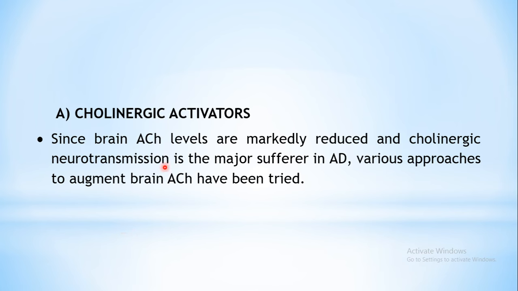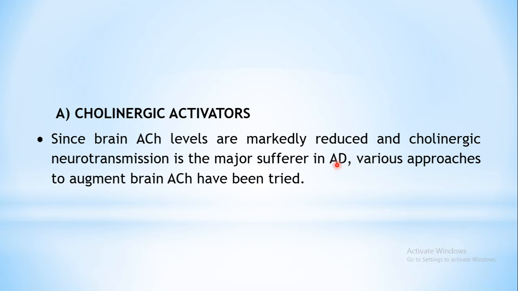Coming to the first class, that is cholinergic activation. Since we have seen under the pathophysiology part, brain acetylcholine is markedly reduced. So cholinergic transmission is the major transmission which is getting affected, and that lies under the pathophysiology of Alzheimer's disease.